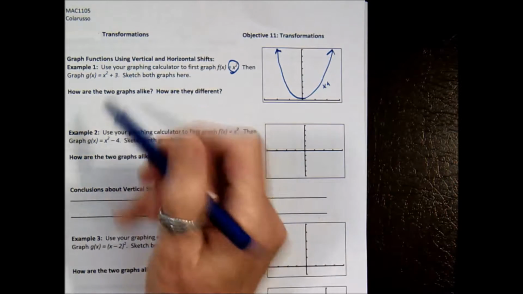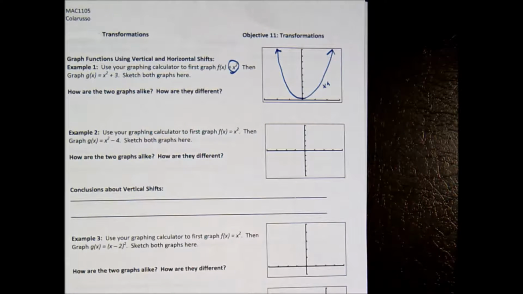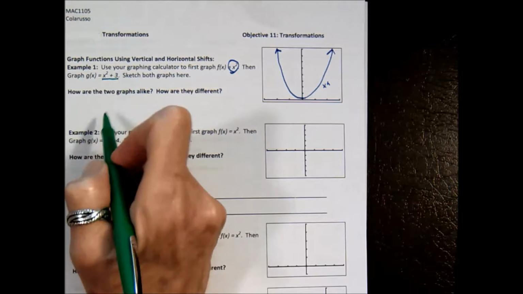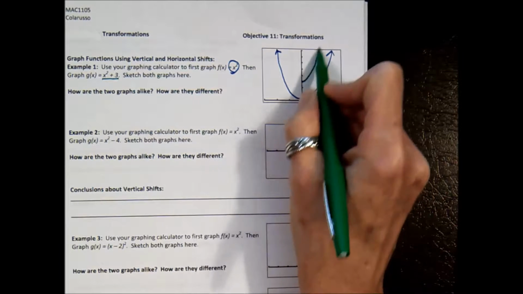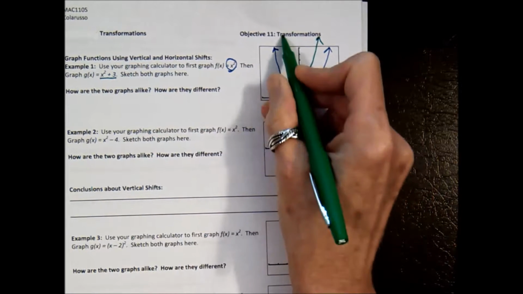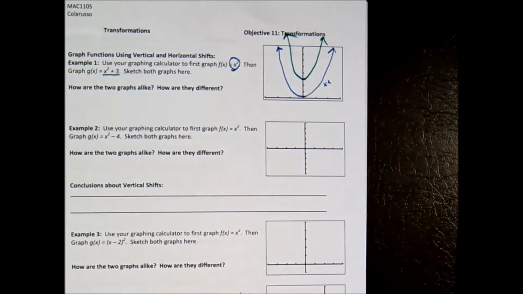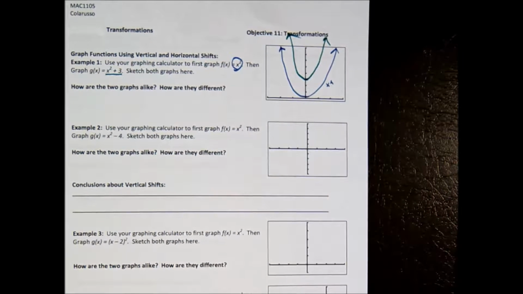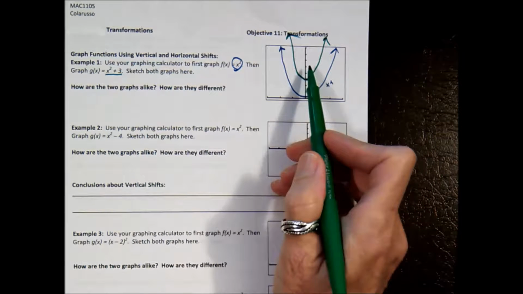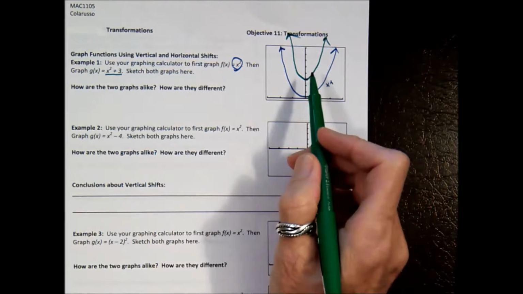What happened when we then graphed our g of x equals x squared plus 3, you note 1, 2, 3, the graph moved up on my y axis 3 counts, or 3 tick marks on the graph. Now I did mine narrower there, and I didn't mean to do that, but again, I'm just doing a general sketch.